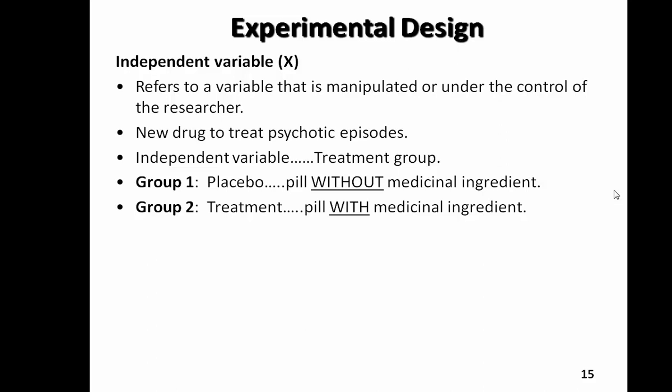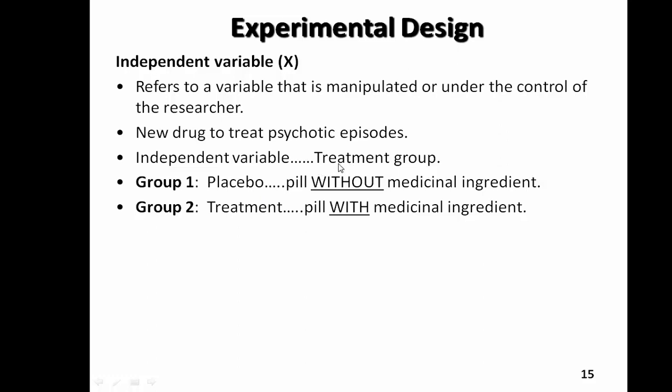And as a result, the conclusion of the study would be able to compare the outcome of the study with respect to whether the participant consumed the pill with the medicinal ingredient or without the medicinal ingredient. So although there are two groups in this example study, there is only one independent variable.